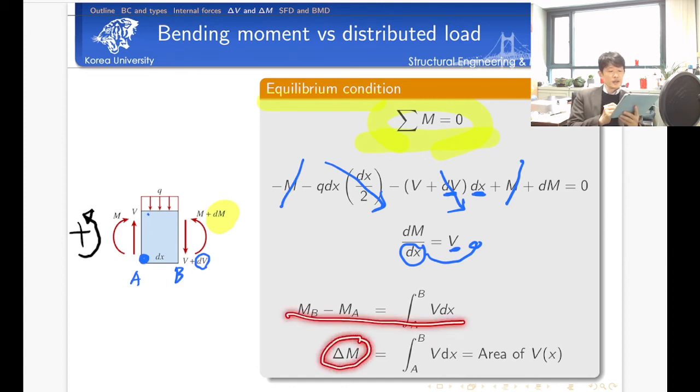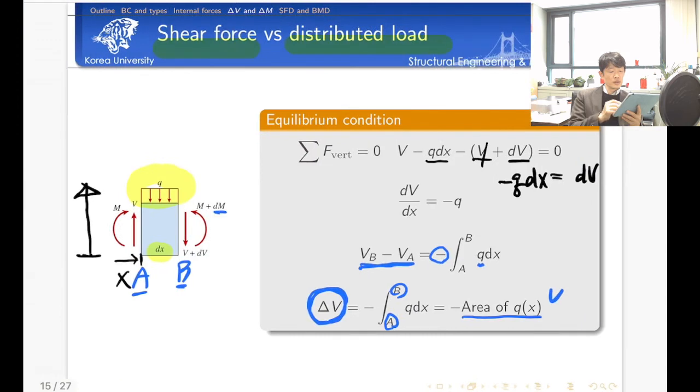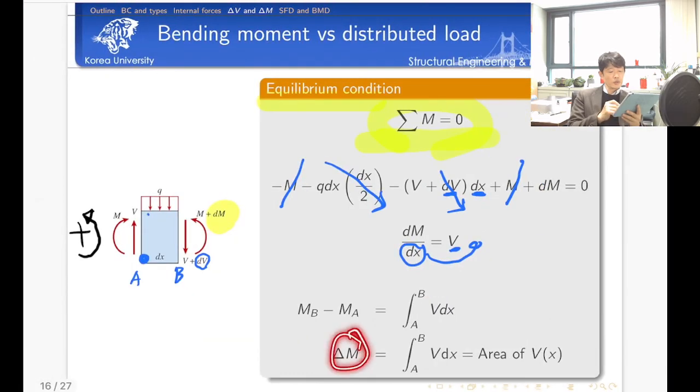The change of bending moment between two points is given by the integration of shear force, but this is nothing but the area of the distribution of shear force. Okay, so we have a very similar closeness between these two equations. The change of shear force is given by the minus area of the distributed load. The change of bending moment is the area of the shear force diagram. Okay.